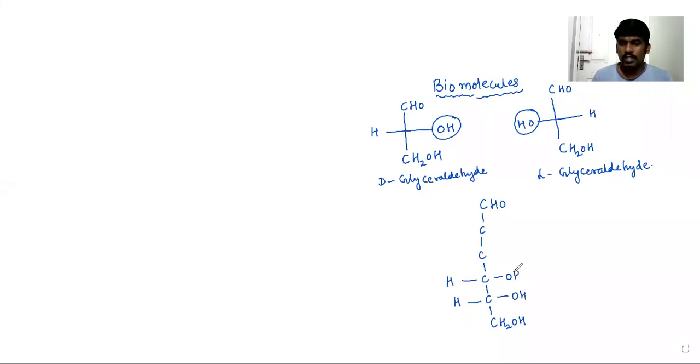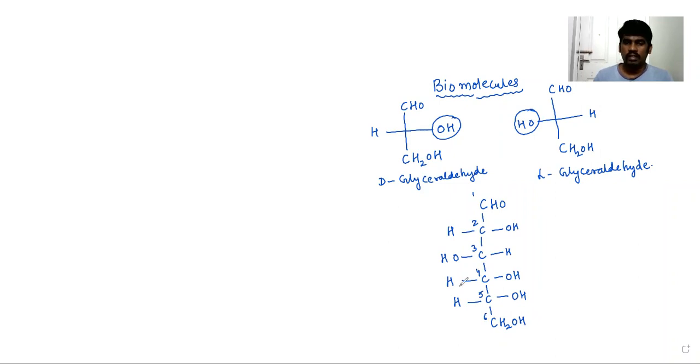In this open chain structure of glucose, the highest chiral carbon center is the 5th carbon. This is carbon number 5 and this is 6.